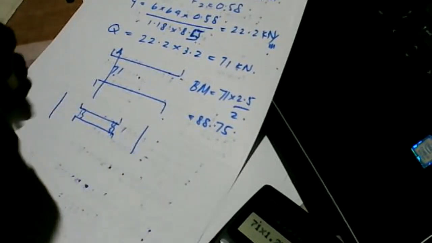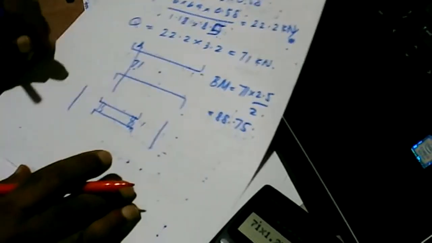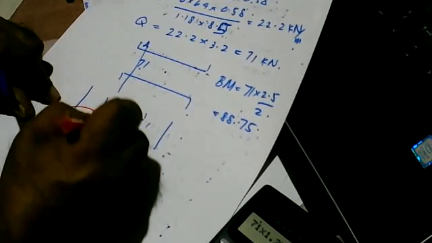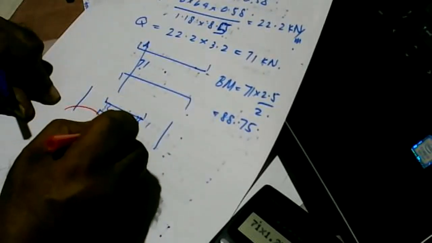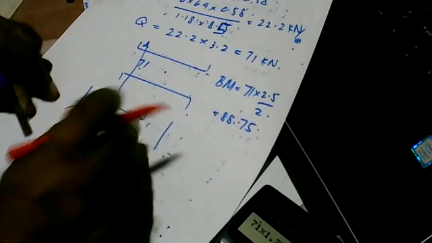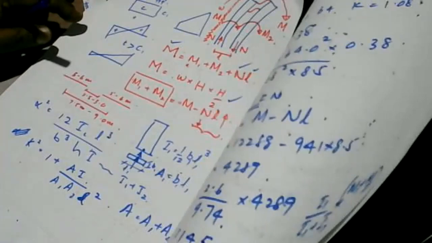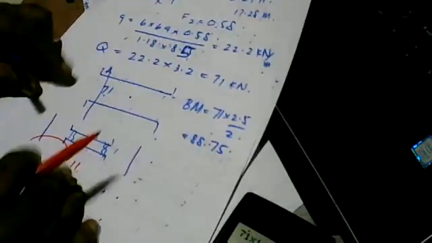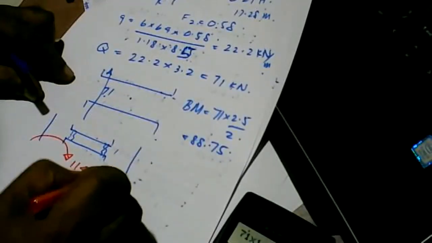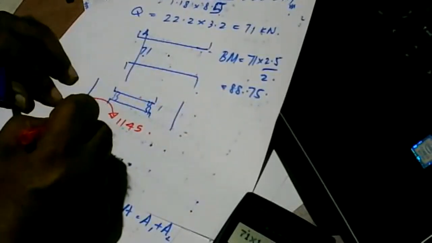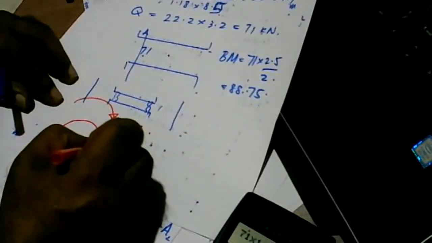So when this happens, we run into a major problem, because now you know with the coupling action we have designed this wall to resist the bending moment of only 1145. When there is no coupling action, the moment is 32.